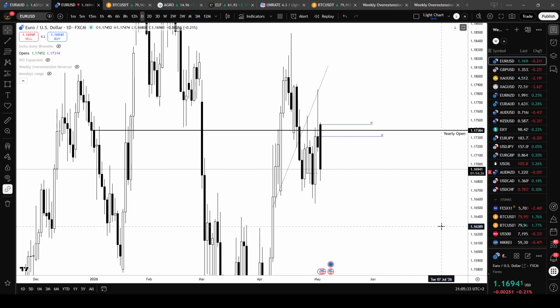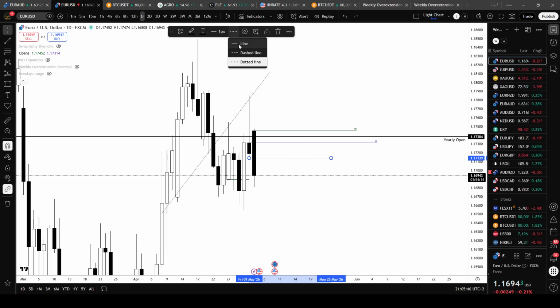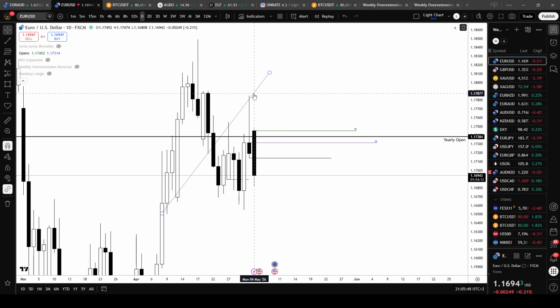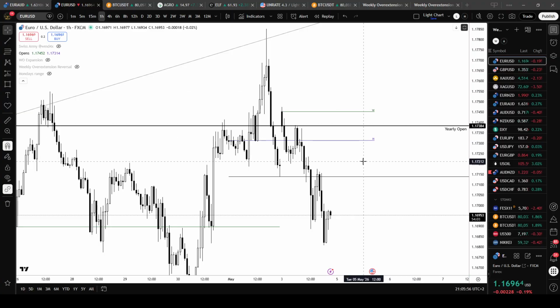And also, something that comes to my mind as a selling opportunity is Friday's low, because it was a very bearish looking candle. So I want to see how price reacts from that level.